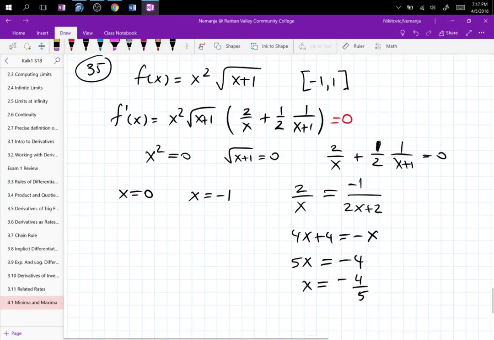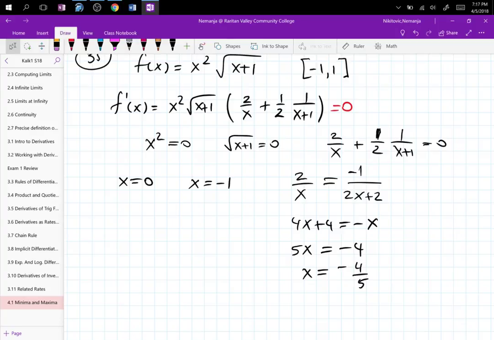So I have 3 critical points which I obtain from this procedure. And as you can see, one of those critical points is actually the endpoint of the interval. That's nice. So now I need to find all of their y values.